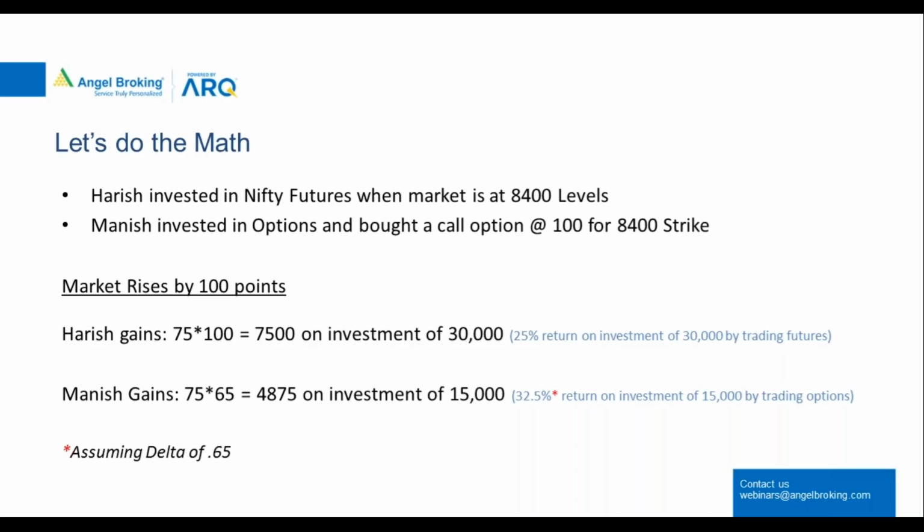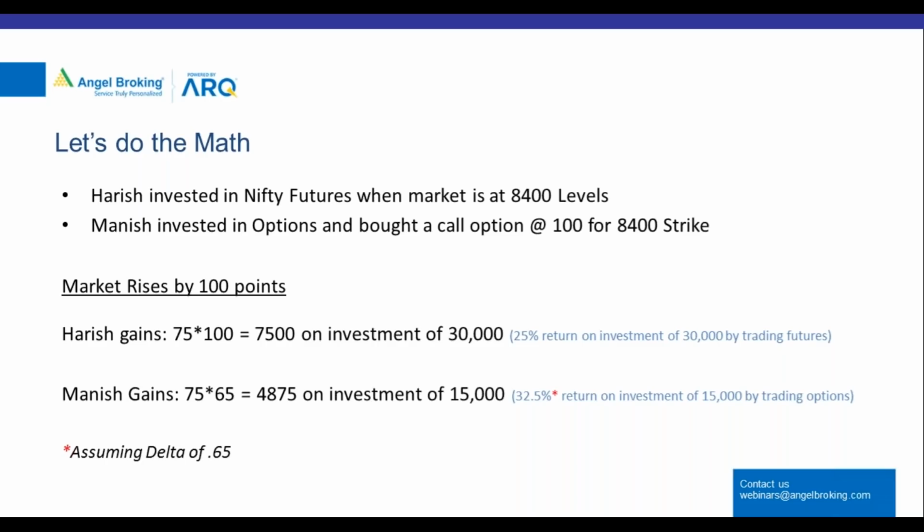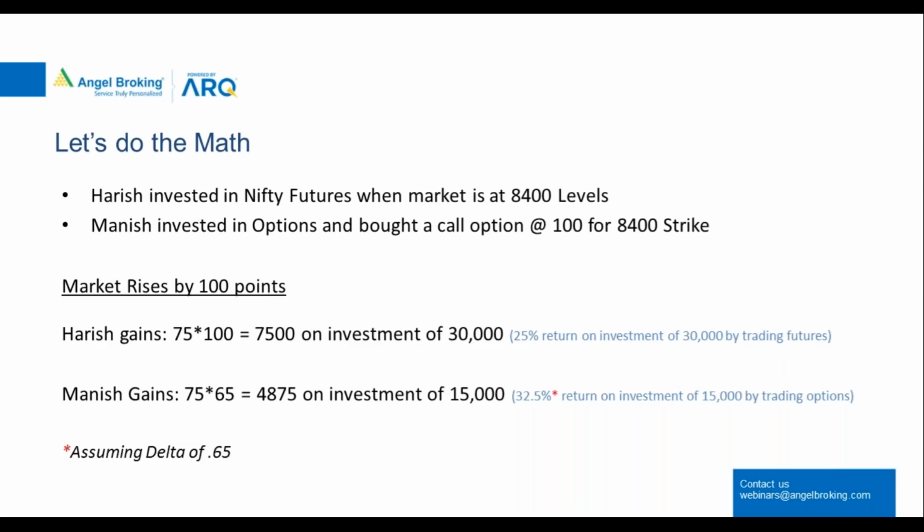In this case, we see that Nifty moves up by 100 points. So Harish gains 75 into 100, that is 7,500 on an investment of 30,000. Here we are assuming that the margin for Nifty futures is 30,000. So he has made a return of 25% on an investment of 30,000.